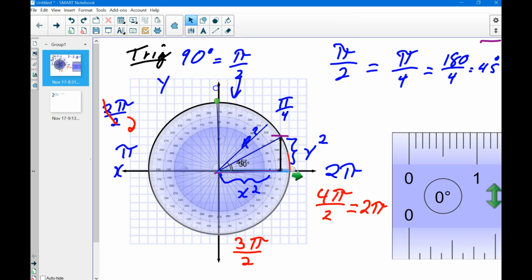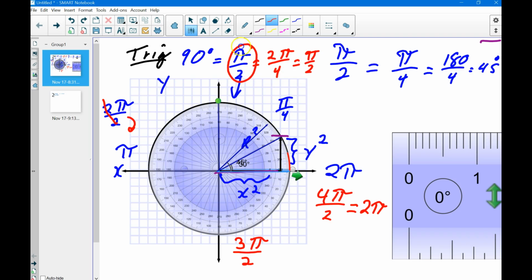And now that I'm in pi over 4s, this is going to be, of course, 2 pi over 4, which reduces to pi over 2. Wow. Isn't that wicked? Who knew that? Alright, so let's keep going. You can do this as many times as you want, and you can fill in all the main angles for the unit circle.